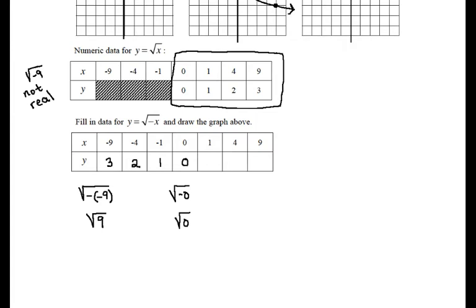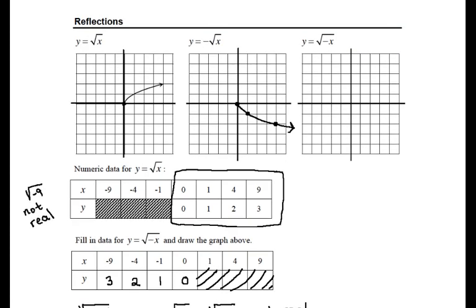And now it's the positive x values that start giving us trouble. The minus comes from our function, and when I plug in 1, I can see that I get something that is not real. So this issue is going to occur now with all of my positive x values. And we'll come up here and plot the points that we have. -4, 2, -1, 1, and 0, 0.